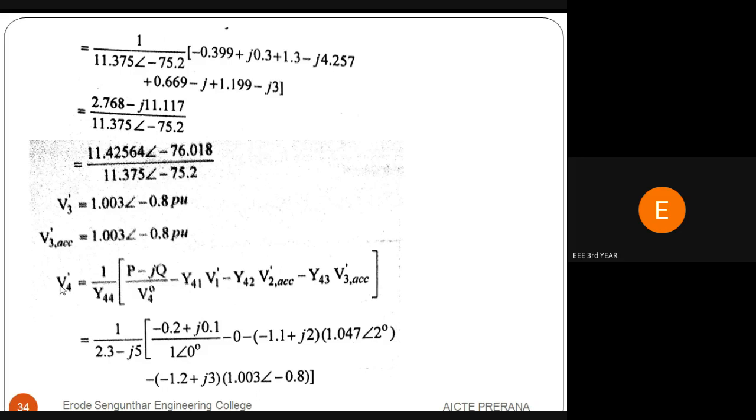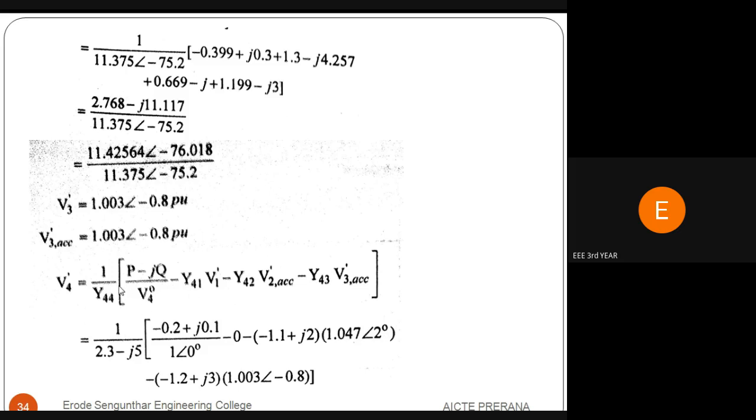The same thing is repeated for the fourth bus also. V4 dash is equal to 1 by Y44, times (P minus jQ) divided by V4 naught, minus Y41 V1 dash, minus Y42 V2 dash accelerated, minus Y43 V3 dash accelerated. Substitute the values here.